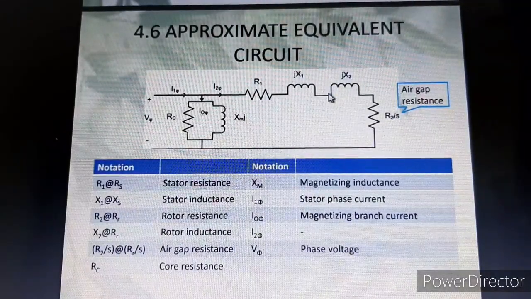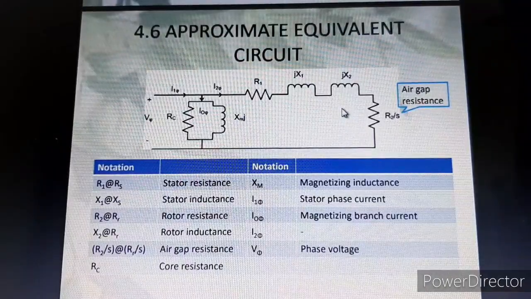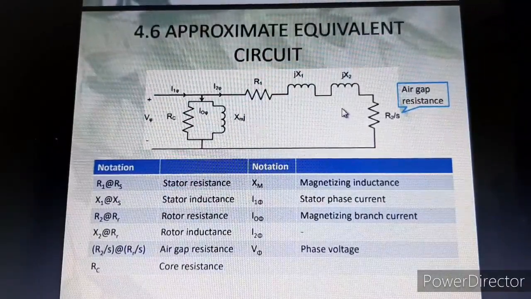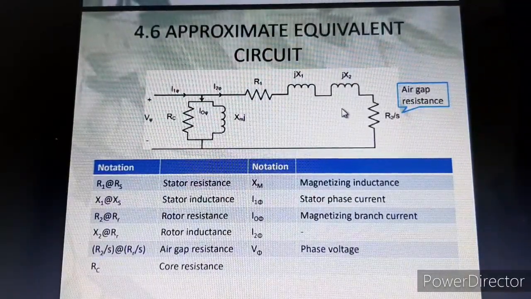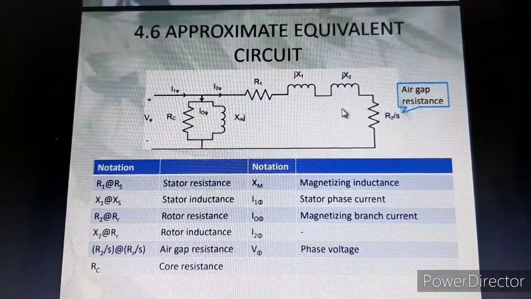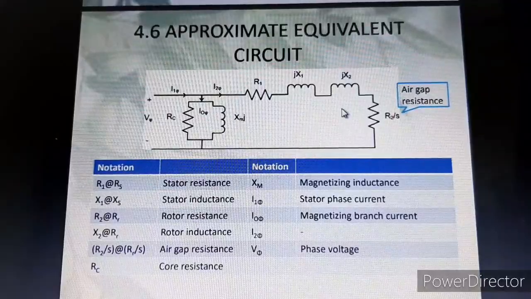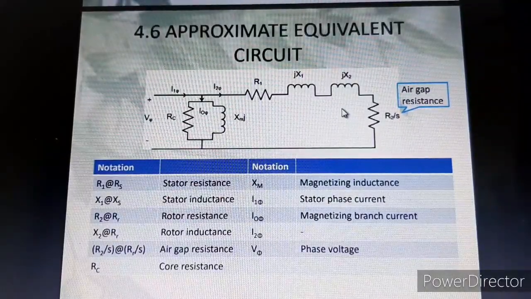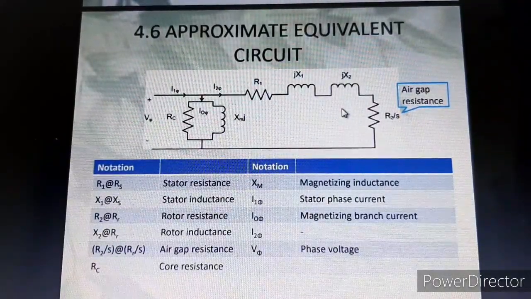similar to how we construct the equivalent circuit of a transformer. Every loss accounted for must be represented. So R represents heating and X represents self-inductance.